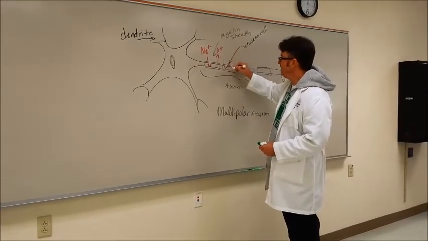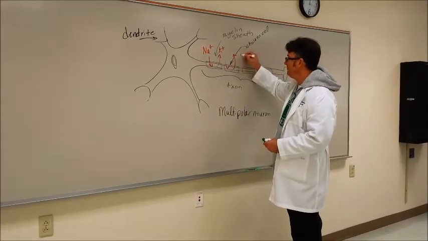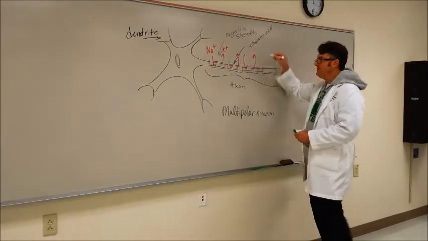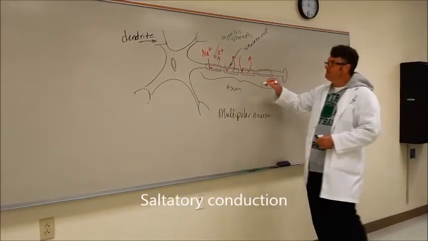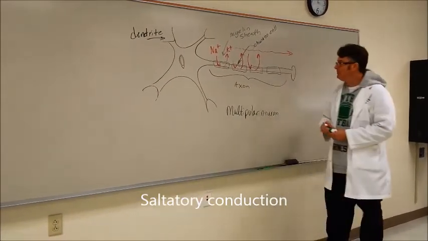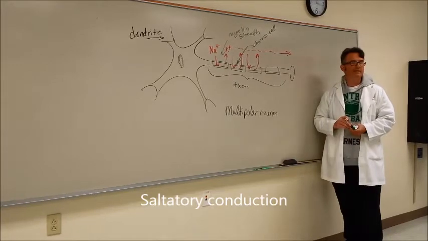So you have this repeated scene of sodium in, potassium out, and you get this net cyclic effect so that a nerve impulse travels toward the synaptic knob down at the end.